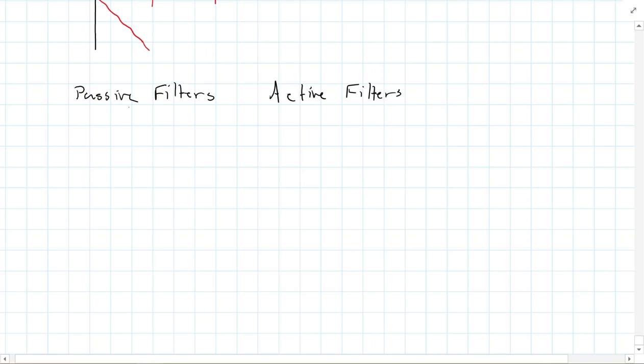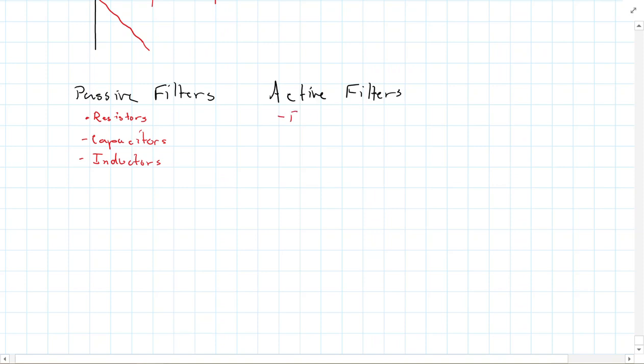Now, the simplest way to think of passive filters is that they only contain resistors, capacitors, and inductors.